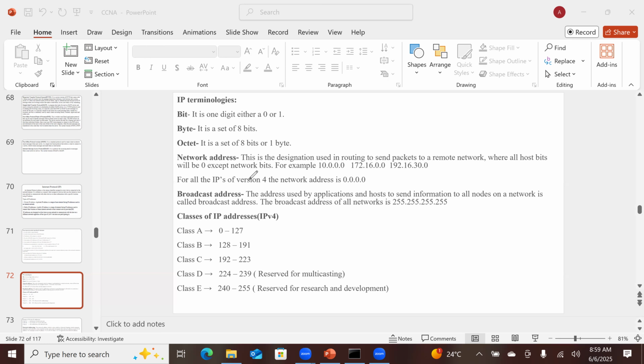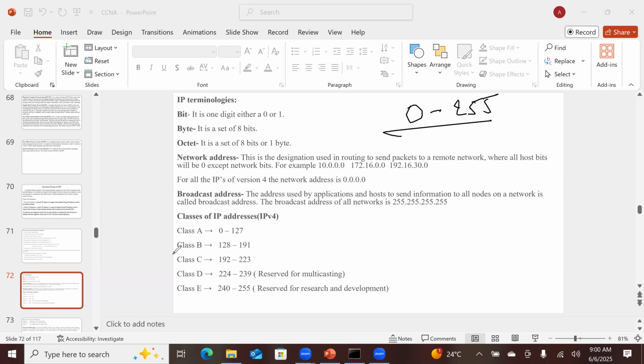Next, we have some classes in IP version 4. We have 5 classes in IP version 4. Whatever numbers we have, 0 to 255, we made classes out of them. The first class, class A, ranges from 0 to 127. Class B has 128 to 191.